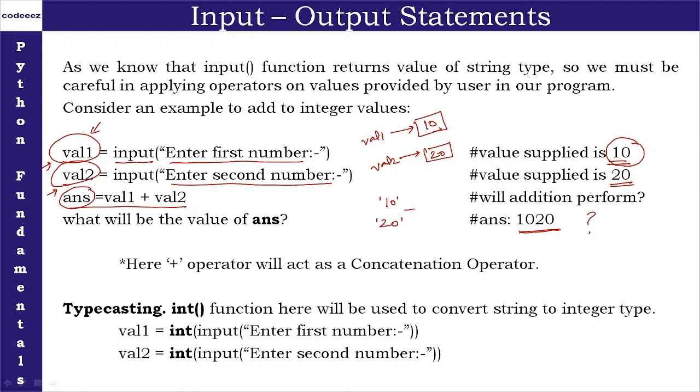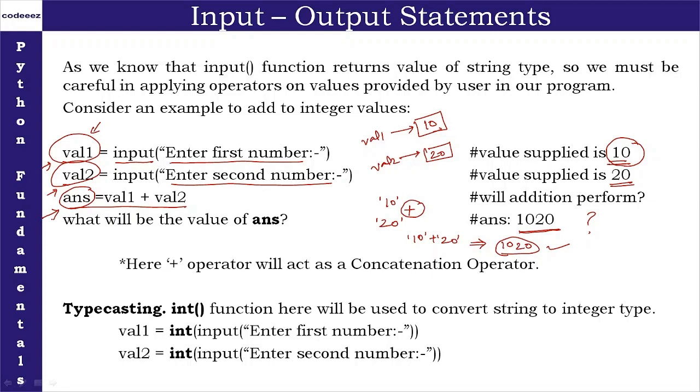When two strings are added, of course arithmetic operation won't work. This plus operator here works as a concatenation operator. So 10 plus 20 being strings, it will concatenate and the result we get is 1020. So this will be the result. Now this wasn't expected. We were trying to add these two numeric values.